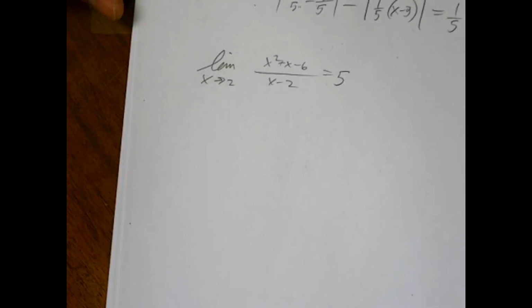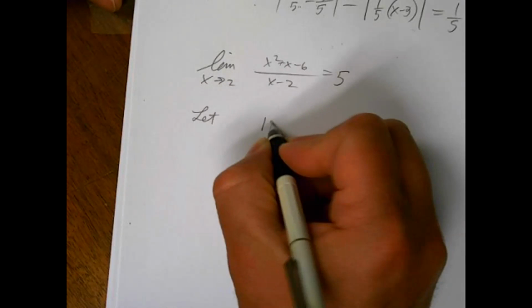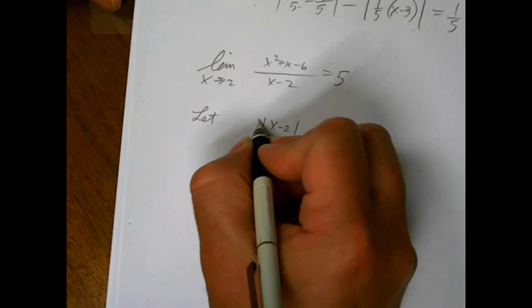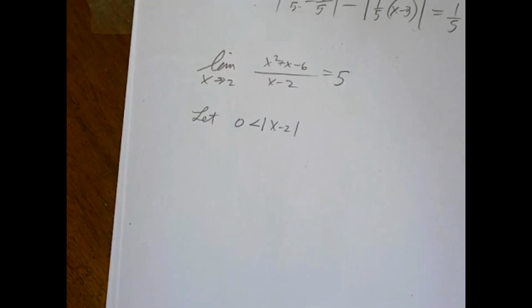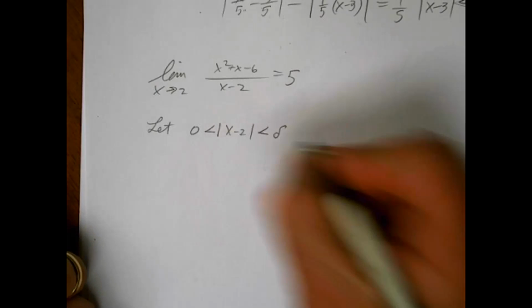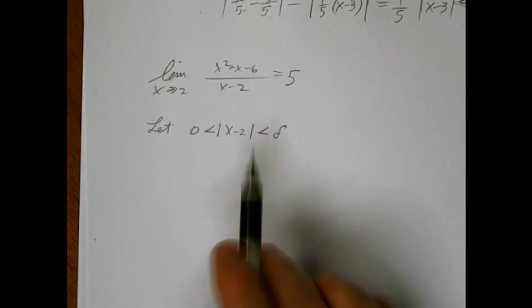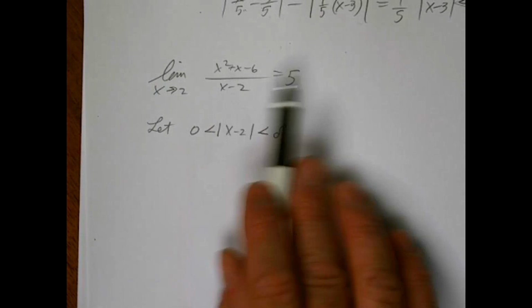So right off the bat, we're going to let the distance between x and 2, first of all, be positive. We don't want x to equal 2, we just want it to get close to 2. And we're going to let it be less than some delta value.